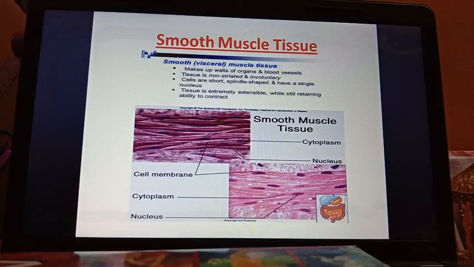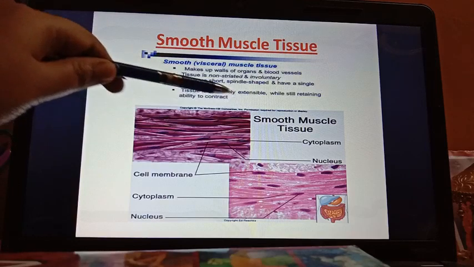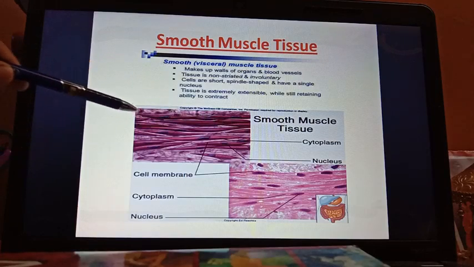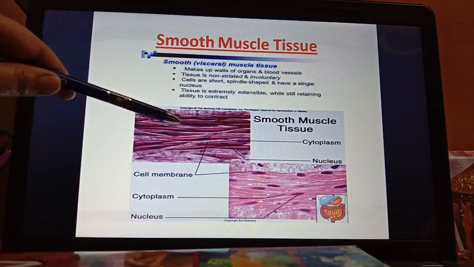Next is smooth muscle. It is also known as unstriated or involuntary muscle. These are mainly unbranched spindle-shaped muscle cells and they don't have any striations. You can see in the diagram that they are unbranched, no branches are there.